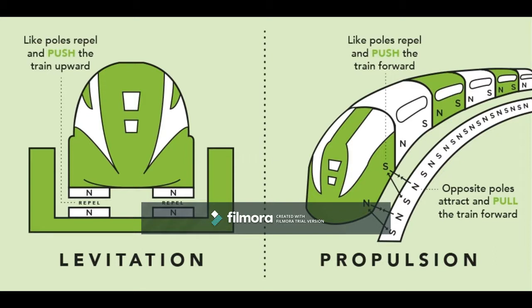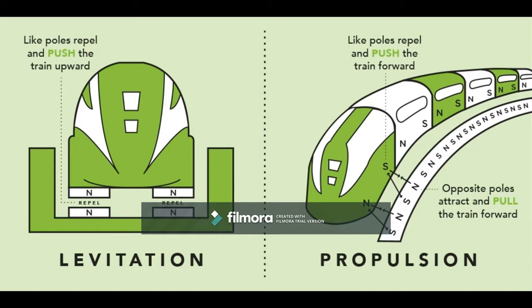The electric current supplied to the coils in the tracks will constantly alternate, causing the change of polarity of the magnetized coils. The change in polarity causes the magnetic field in front of the train to pull the vehicle forward, while the magnetic field behind the train adds more forward thrust.